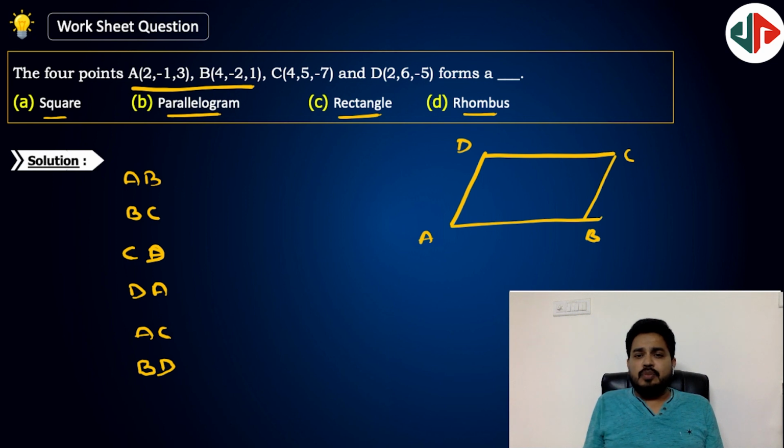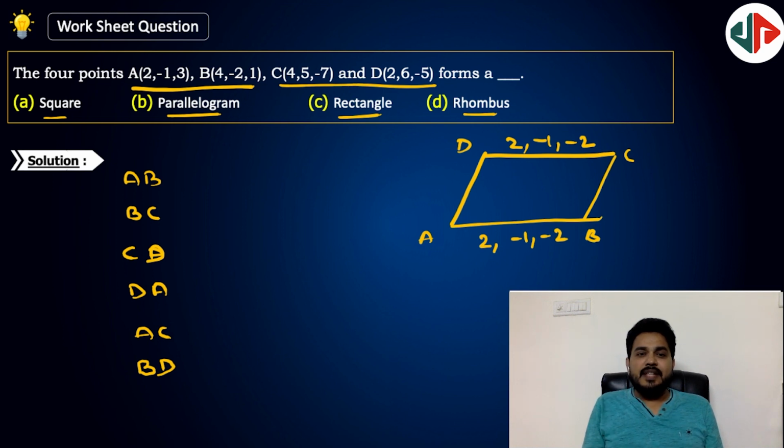For AB: 4 minus 2, 2; minus 2 plus 1 minus 1; 1 minus 3, minus 2. Now let us look at CD: 4 minus 2, 2; 5 minus 6, minus 1; minus 7 plus 5, minus 2.